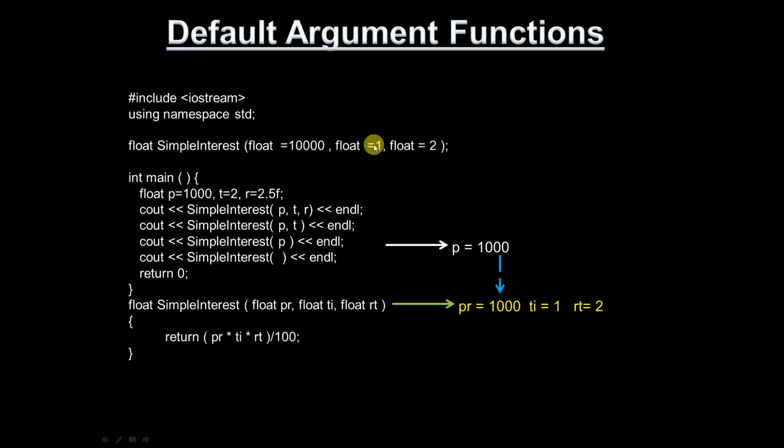The second value is 1, that is copied to TI, and the third default value is 2, that will be copied to RT. And in the third case, we are not passing any arguments, so all the values it will take from default values only, 10,000, 1, 2. Okay, with these values the function definition will be executed.